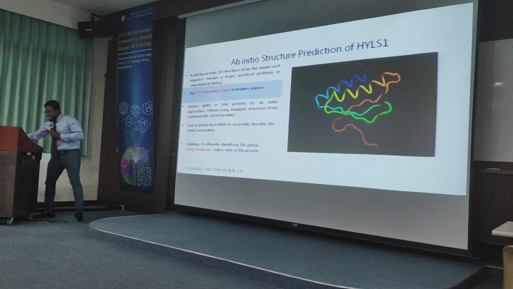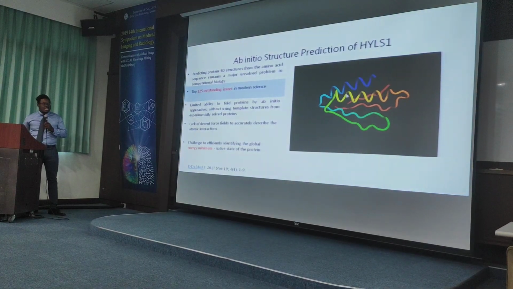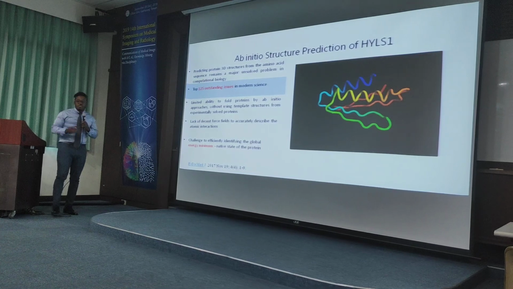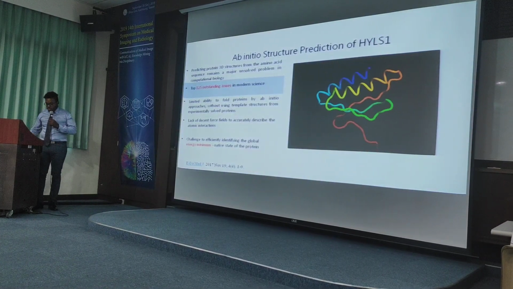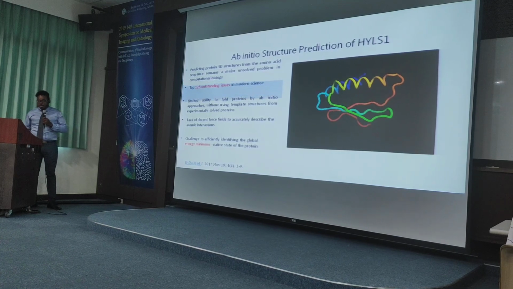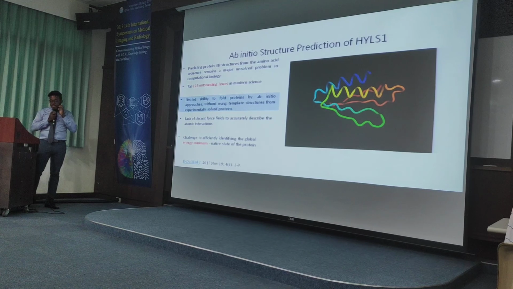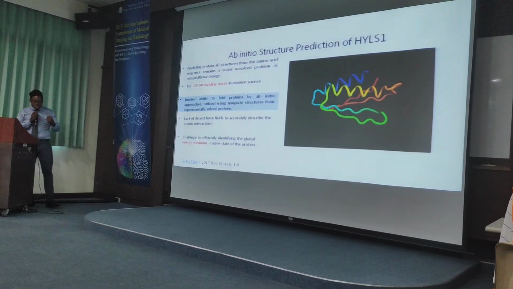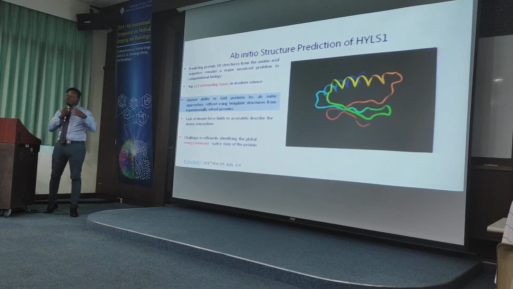If you take a look at this image on the right, this protein is naturally folding by itself. Based on its amino acid sequence, it's folding up into a particular structure that is related to its function. So today there are limited abilities to fold proteins by ab initio methods, because most methods for protein structure prediction rely on homology.